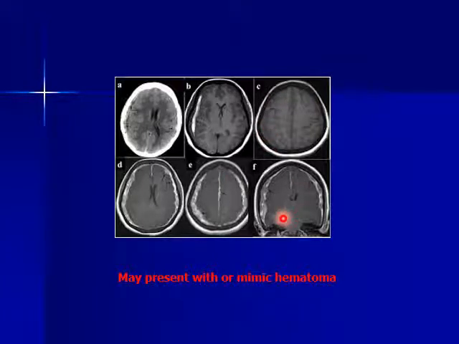After contrast administration, what we see? These are meningeal infiltrates, complicated by some sort of subdural hemorrhage, or it is part of the leukemic infiltrate itself. So it is mandatory in these patients to give contrast.